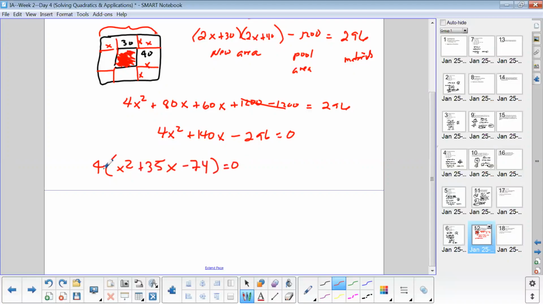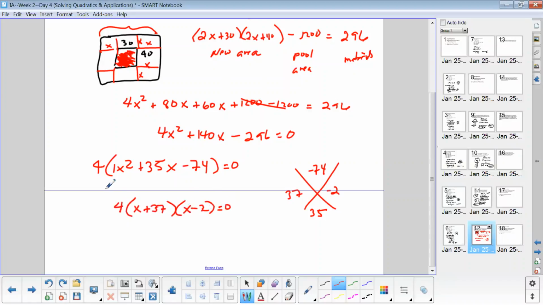So since everything was able to be divisible by 4, now we're back to a is 1, and you're looking for what are factors that multiply to give me negative 74 and add to give me 35. And it would be 37 and negative 2. And so since a is 1, it would be x plus 37 and x minus 2.